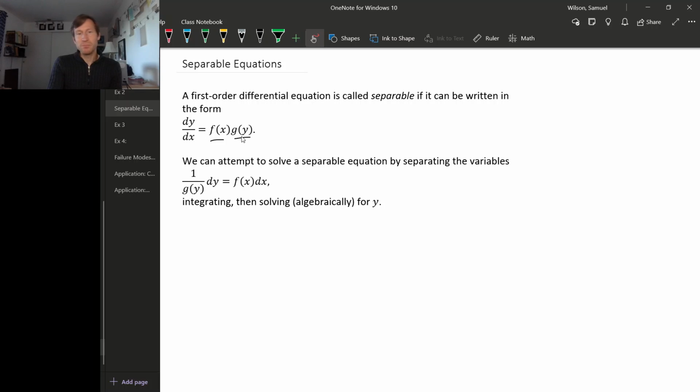So just multiply and divide to separate the variables, which, in its general form, is going to turn our general separable equation into 1 over g(y) times dy equals f(x) dx. And then you'll integrate. On the left-hand side, your integral will be in terms of y, and on the right-hand side, your integral will be in terms of x. And then once you've integrated, then you'll just solve algebraically for y, and you'll have a solution to the differential equation.